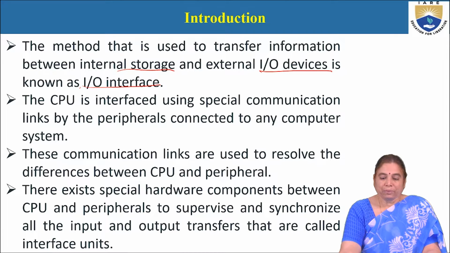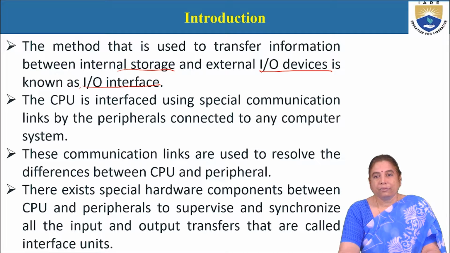So the CPU is interfaced using special communication links. These special communication links can be used to resolve various problems that can be incurred between the peripheral devices and the internal components of the computer. The major problem is that peripheral devices are electromagnetic or electromechanical devices, but internal storage is an electronic component.